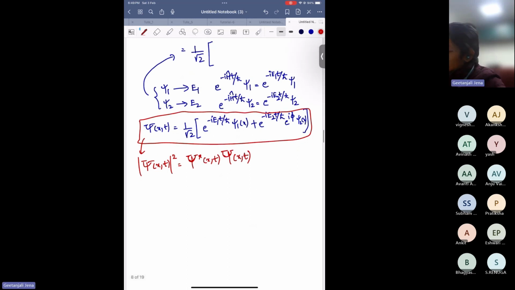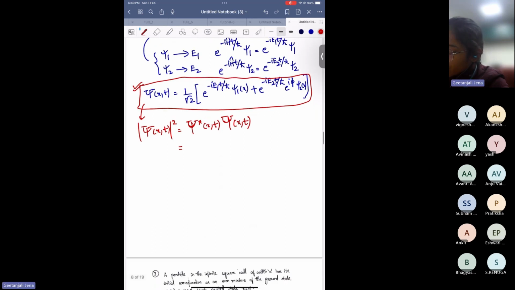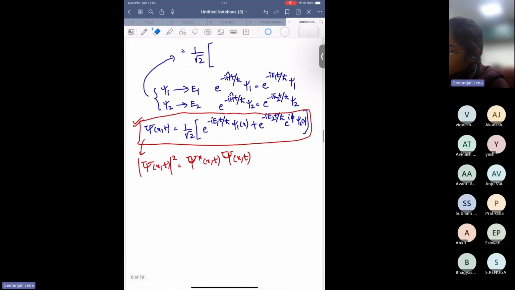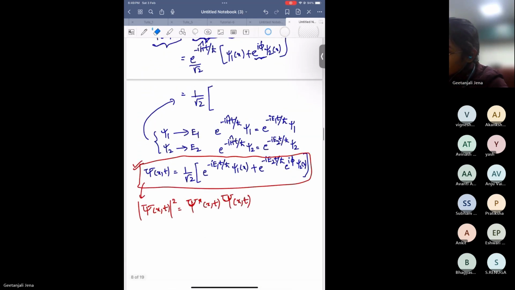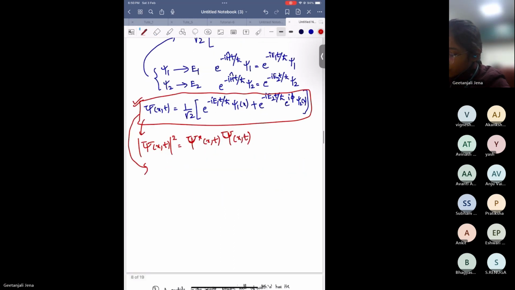So now we just have to take the complex conjugation of this equation and multiply it with the initial form. So I think everyone can calculate by now what the complex conjugation of this equation is.